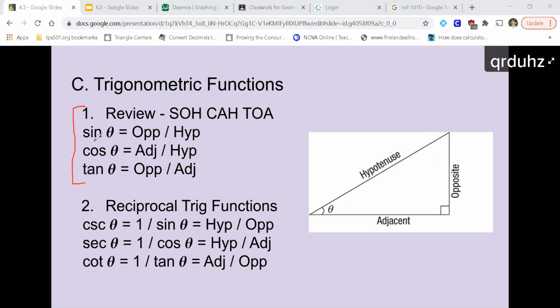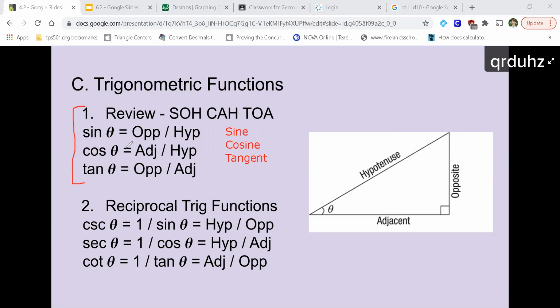There are 3 basic trig functions, which you can remember with the acronym SOH CAH TOA. They are sine, cosine, and tangent. The sine, abbreviated SIN, of an angle is supposed to tell you the ratio between the opposite side and the hypotenuse.